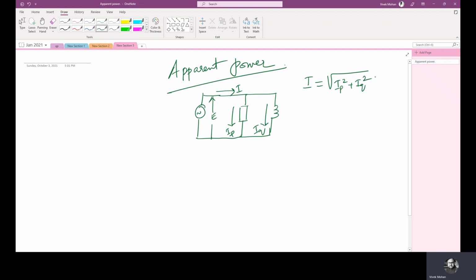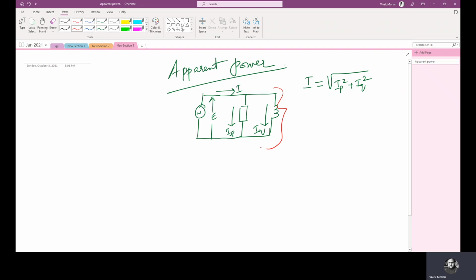Okay, so loads that absorb both active power P and reactive power Q may be considered to be made up of a resistance and an inductive reactance. It can be considered as capacitive reactance also, but here we have taken an example with inductive reactance. So here in this case, the resistor draws a current IP and the reactor draws a current IQ.